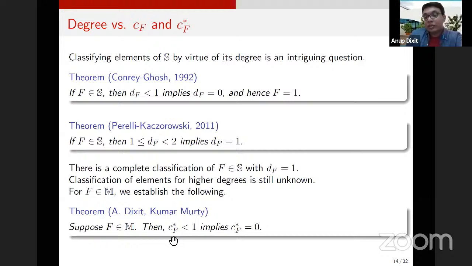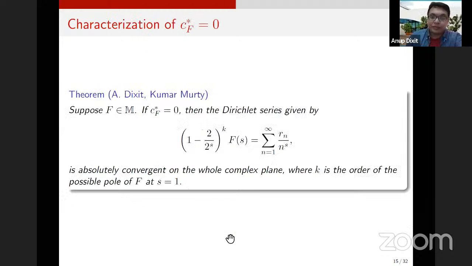In fact, we are also able to classify all the elements with CF star equal to 0. That is precisely given by all the entire Dirichlet series which are convergent everywhere, up to a Dirichlet polynomial. So that's the classification problem in this context.